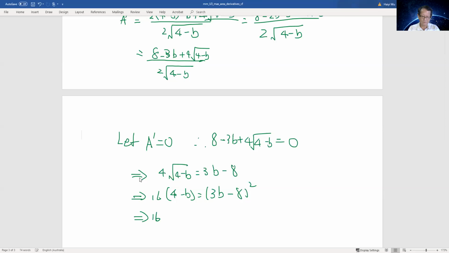So 16 times 4 minus b equals 9b squared minus 48b plus 64. So we expand the brackets: 64 minus 16b equals 9b squared minus 48b plus 64.